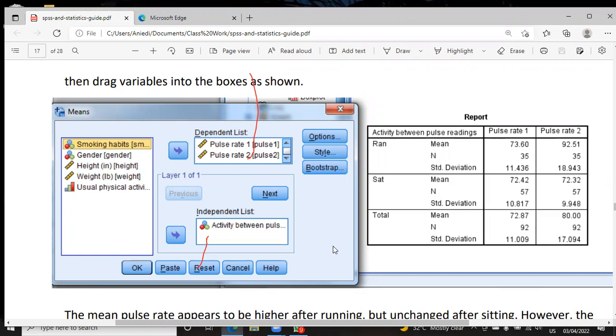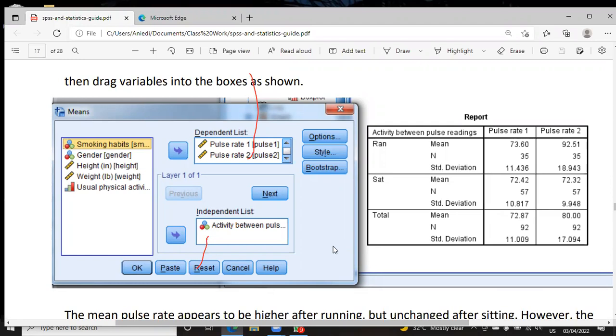Because talking about two different conditions is different from talking about two different genders. Two different conditions will result in ordinal data. One will result in a higher rating than the other. Whereas when you talk about gender, both of them are nominal.